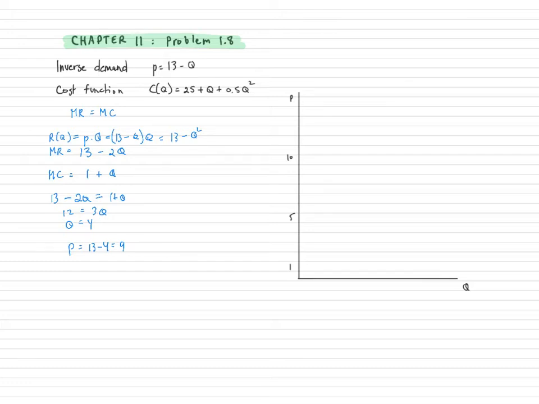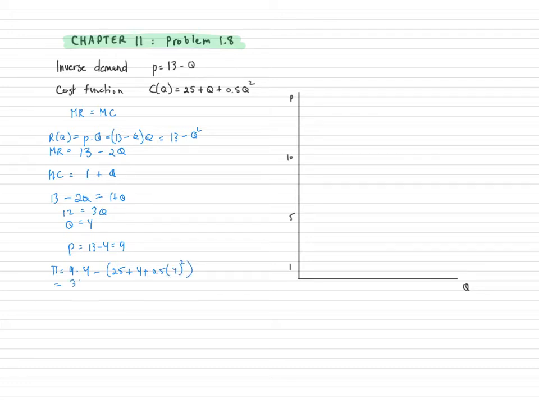And therefore, we can calculate the profit, which is 9, price times quantity, which is 36, minus the total cost, 25 plus 4 plus 0.5 times 4 squared.